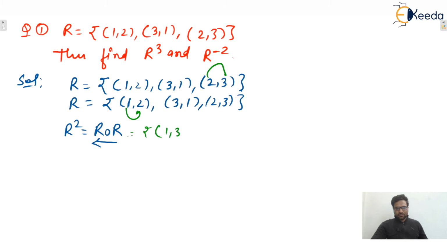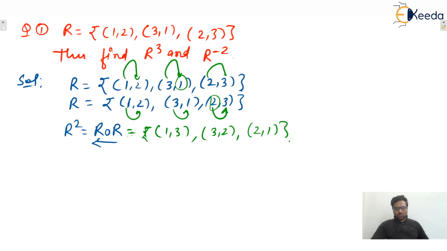Next one, (3,1) and (1,2), so (3,2) will be the answer. Next one, (2,3) and (3,1), so the answer will be (2,1). That will be R square.